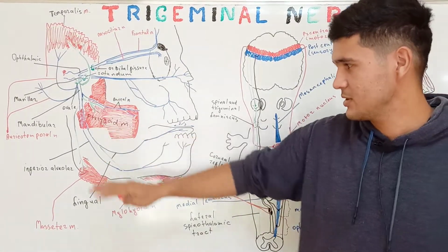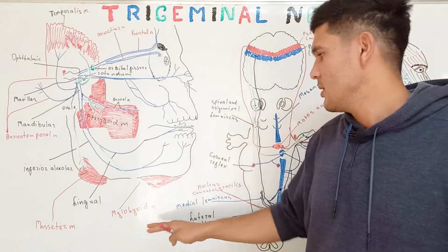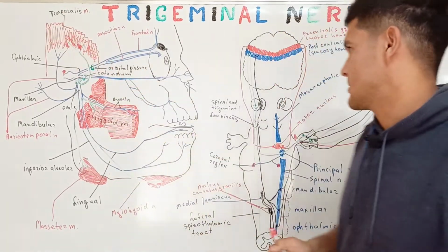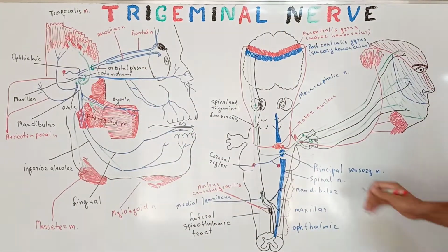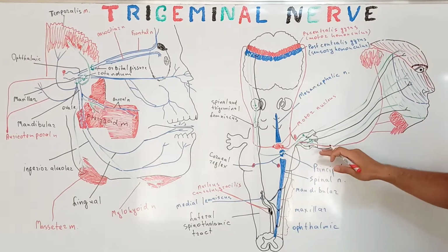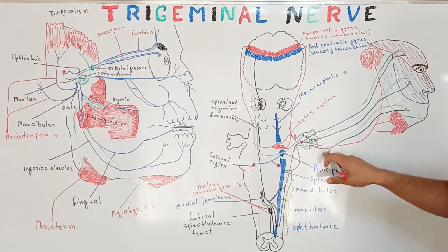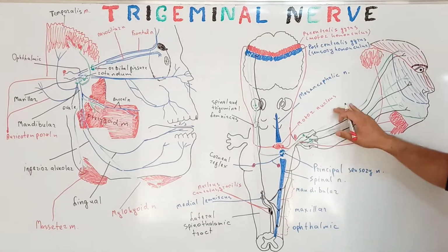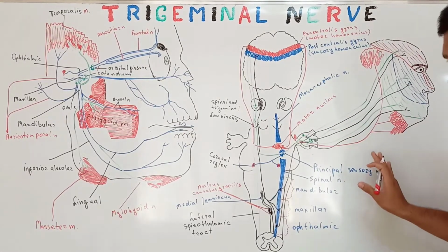The muscles are the pterygoid muscle, masseter muscle, mylohyoid muscle, and temporalis muscle. They are supplied by the trigeminal nerve via the mandibular branch, not the maxillary or ophthalmic branch. Don't forget that, that's the main point.